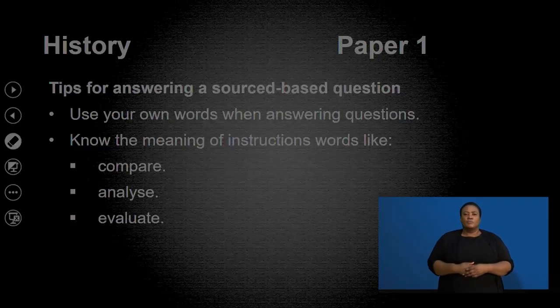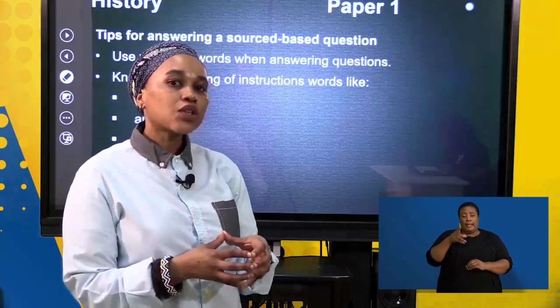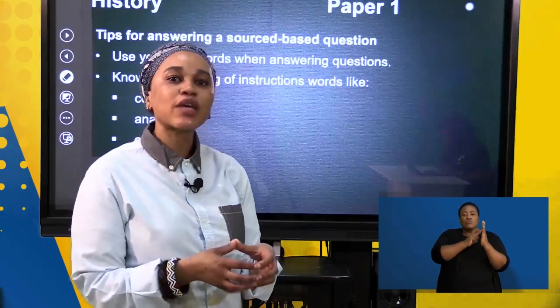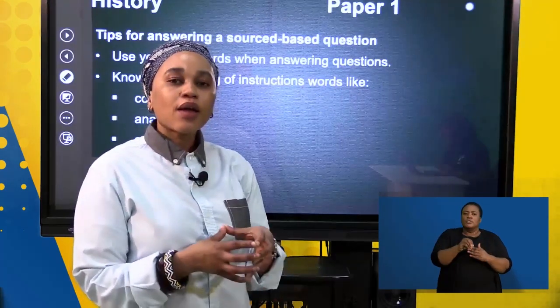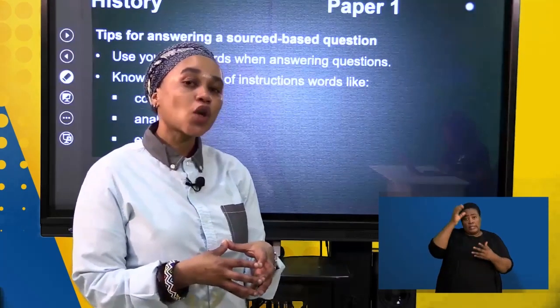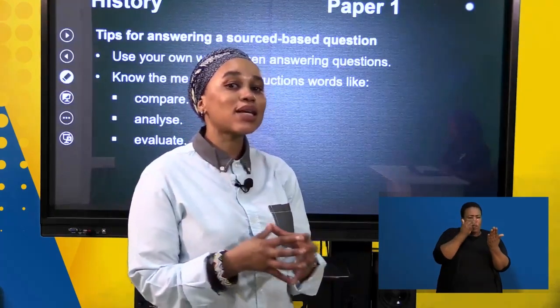And then another thing is you have to use your own words when answering questions. That goes back to the point about reading instructions. So if you're reading a source and they ask you to give a definition of a historical concept, what will happen is that the definition will not be contained in the source. Or if it is contained in the source, it will be contained in a different way.